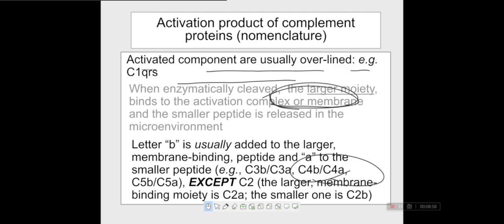Now, activation products of complement proteins. Activated components are usually overlined. We already know C1, C2, C3.